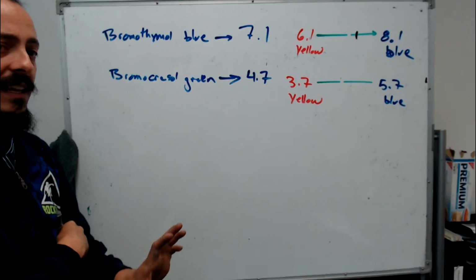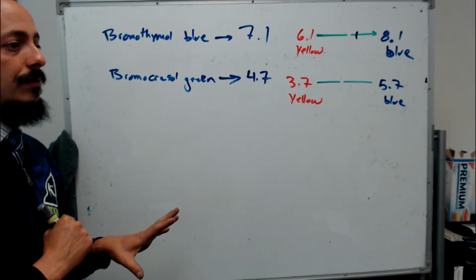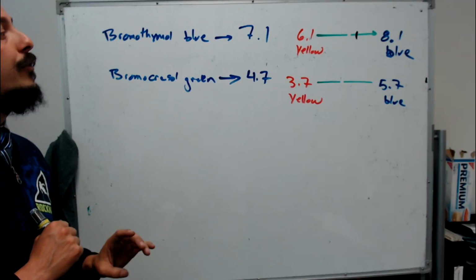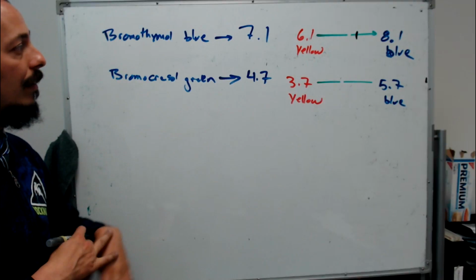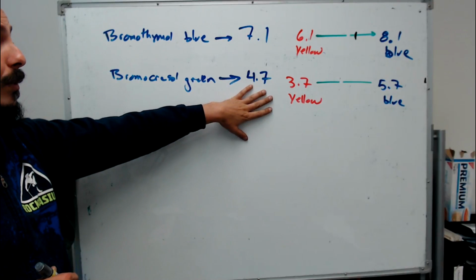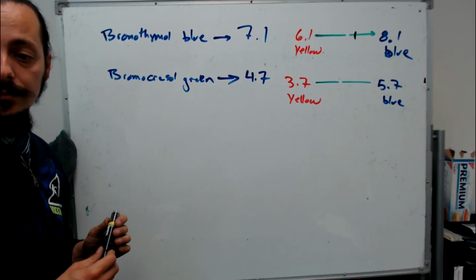We want the indicator's midpoint to be close to our target pH. If your target pH was 7.2, the bromocresol green is going to be terrible, and the bromothymol blue will be good. Got it. Okay.